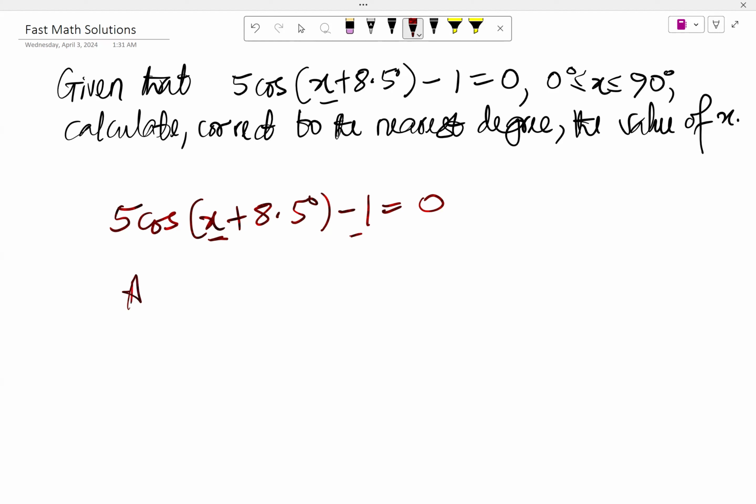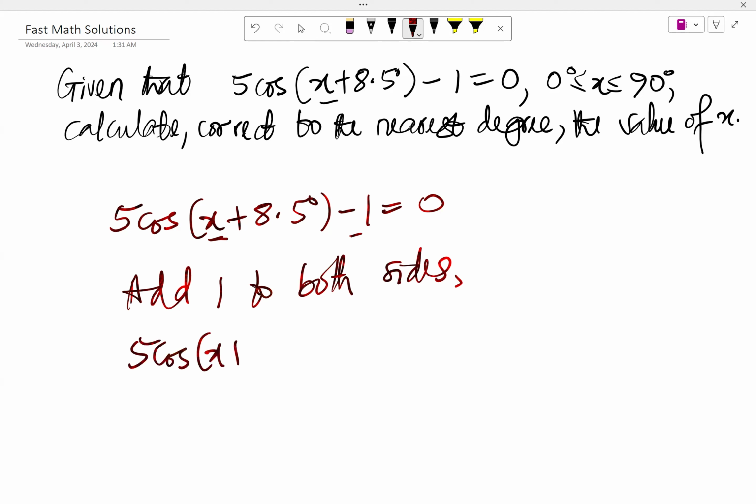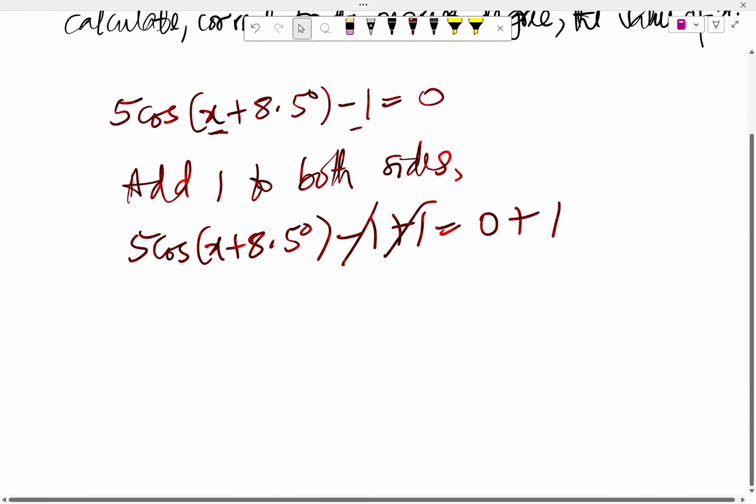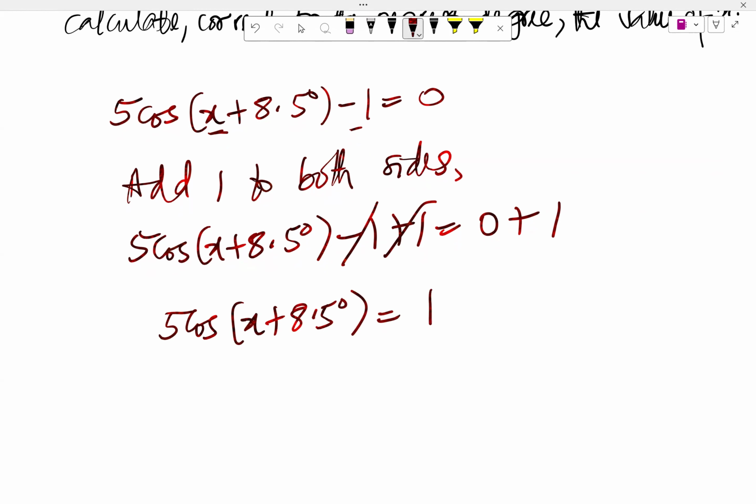So I have 5 cos(x + 8.5 degrees) minus 1 plus 1 equals 0 plus 1. This way, minus 1 and plus 1 will go. So we have 5 cos(x + 8.5 degrees) equals 1.